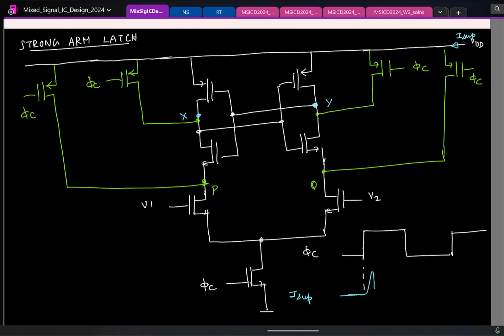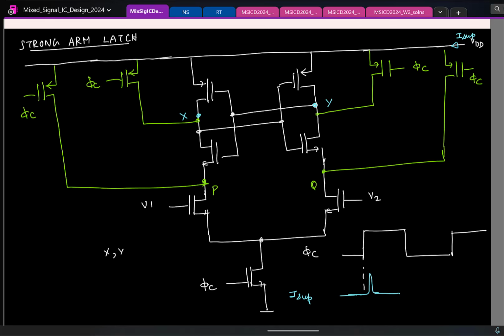We'll draw a small current like this. We'll come to that. Now, let us say I am making phi C go low. At that instant, what do you think will happen? When phi C is just made low, remember, I have these switches.